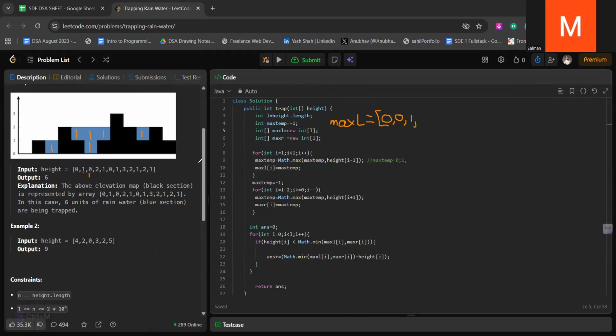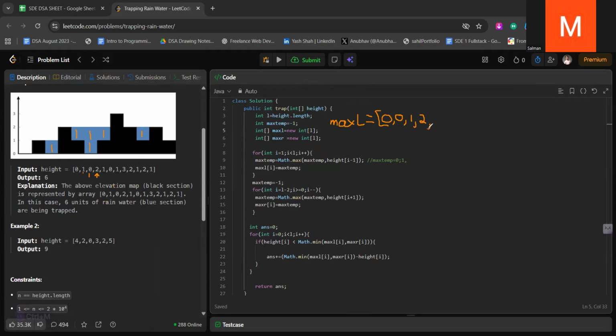Then again i plus plus, and I saw that there is a 2. But what is the highest element on the left side of 2? It is 1, right? Fine. So I wrote 2 on the third index.